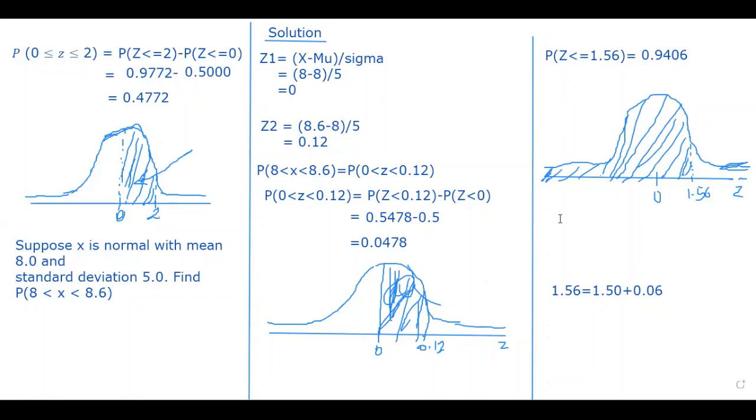Okay, so someone should solve this one for me. Probability that Z is less than or equal to minus 1.56.